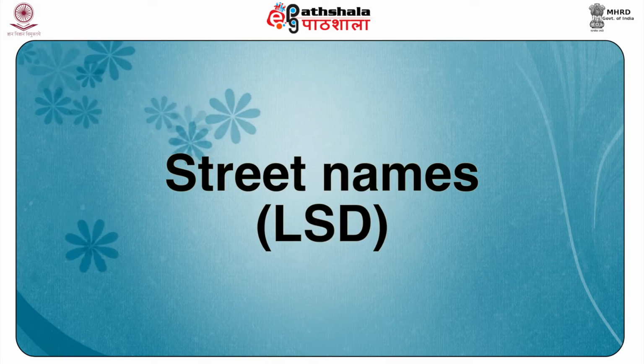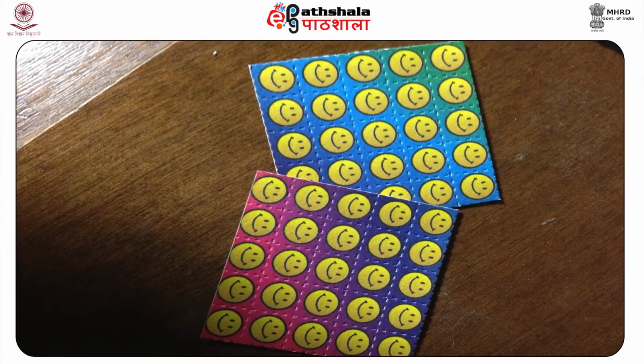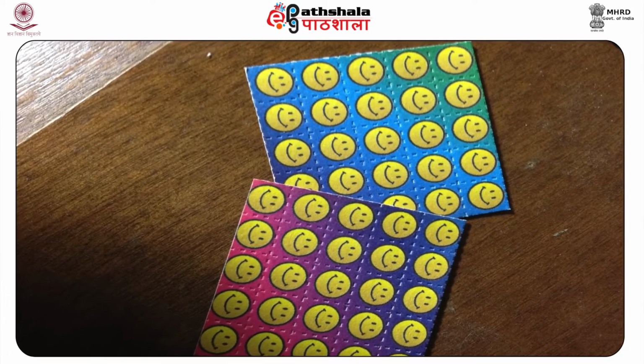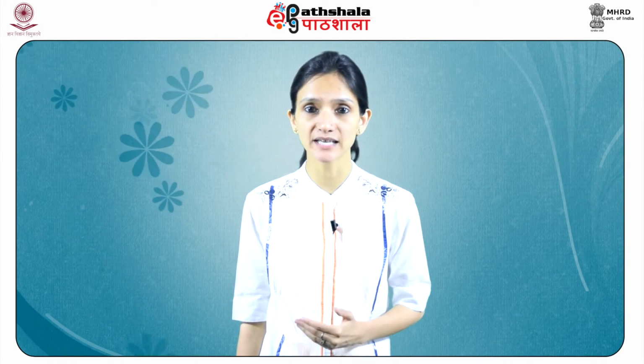Street names of LSD. LSD is sold under more than 80 street names including acid, blotter, SID, doses, dots and trips, as well as names that reveal the designs on the sheets of the blotter paper.